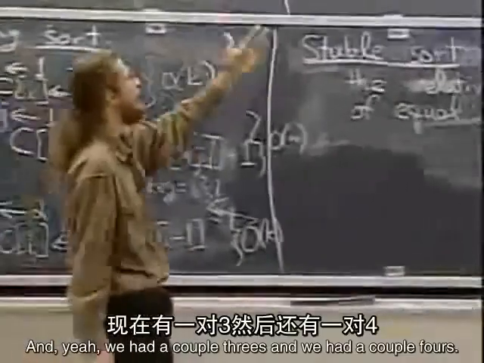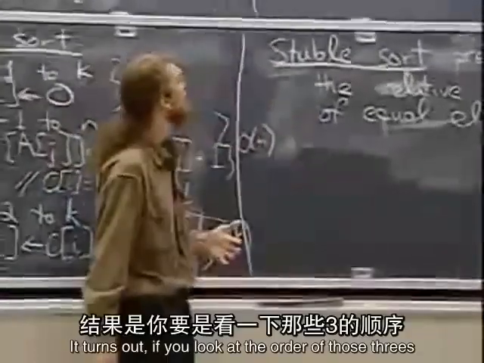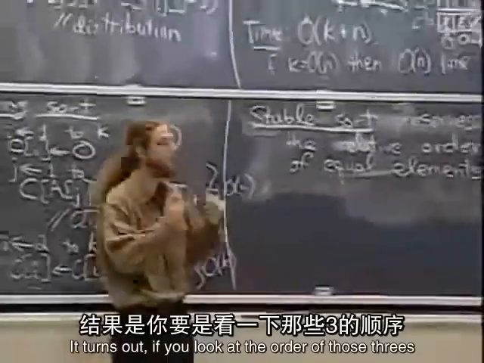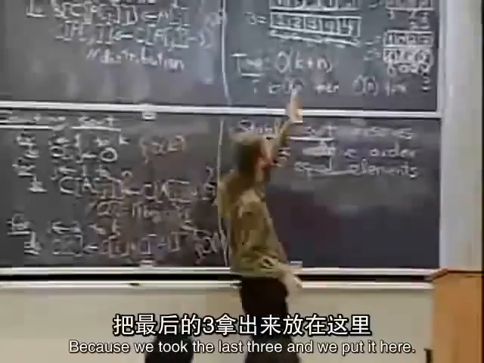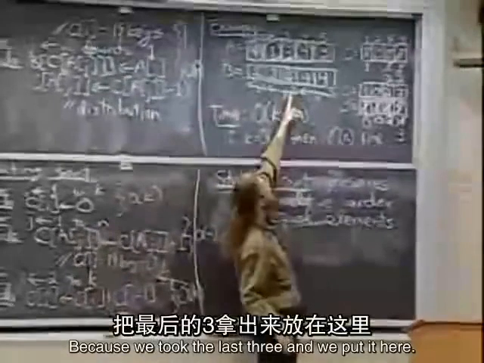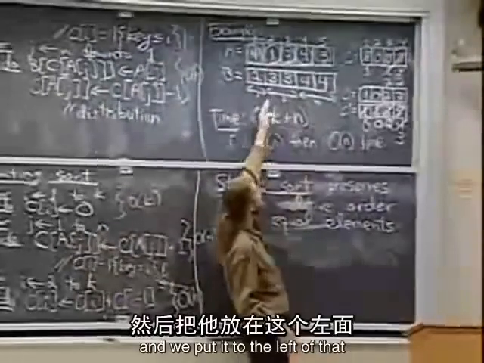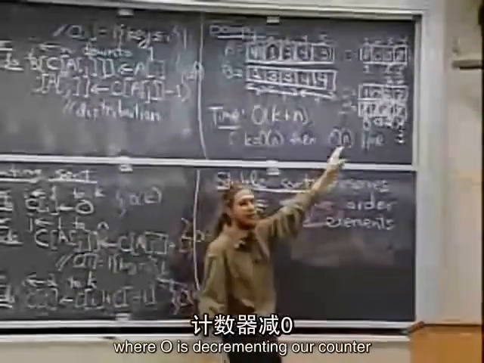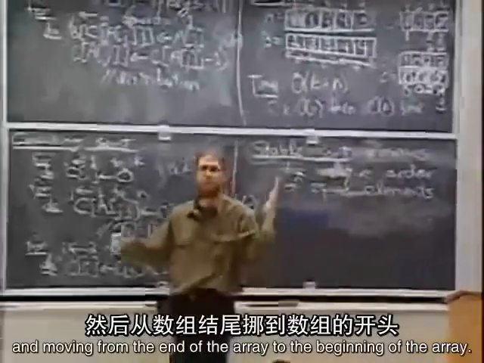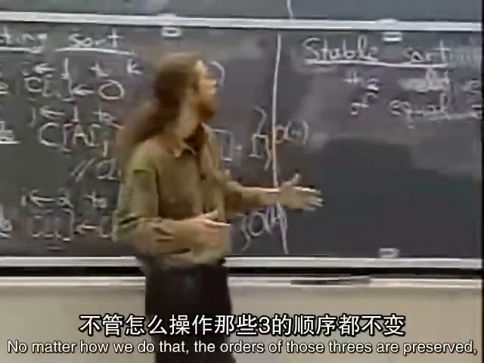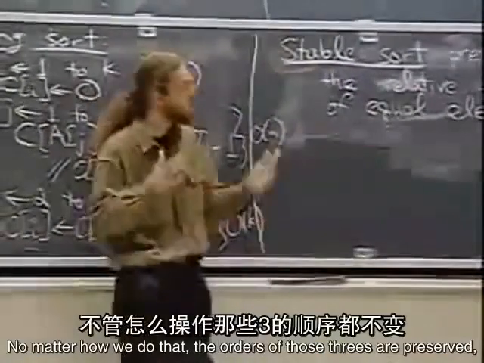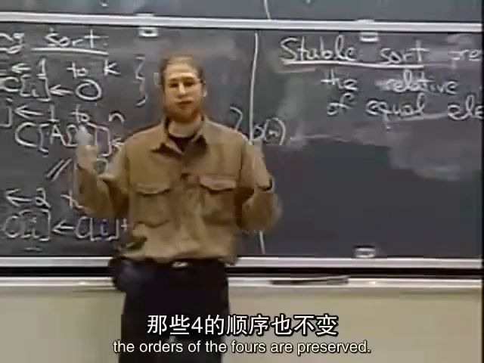And we had a couple 3s and we had a couple 4s. It turns out if you look at the order of those 3s and the order of those 4s, we kept them in order. So we took the last 3 and we put it here. Then we took the next to last 3 and we put it to the left of that. We're always decrementing our counter and moving from the end of the array to the beginning of the array. So no matter how we do that, the orders of those 3s are preserved. The orders of the 4s are preserved.